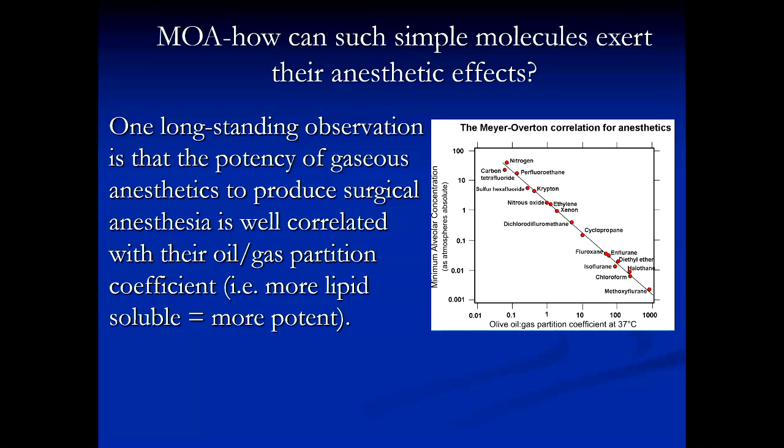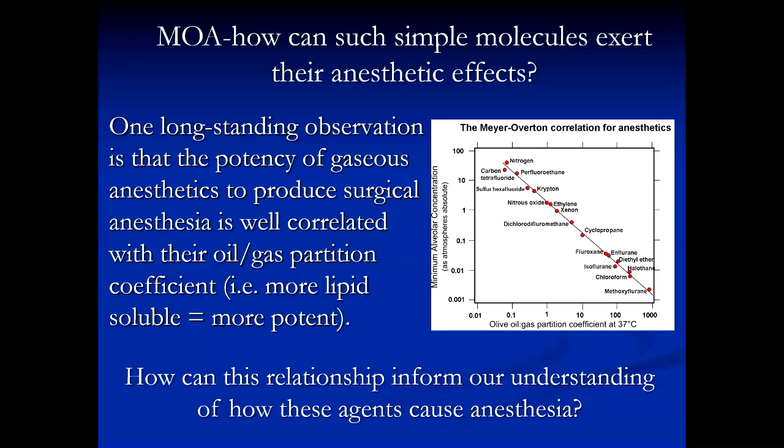So this gives us a clue then as to how these drugs are likely working in terms of their mechanism of action, or where they're working in terms of the environment that they're acting at in the cells, in the neurons, and the nervous system.